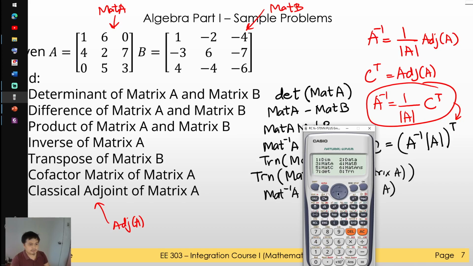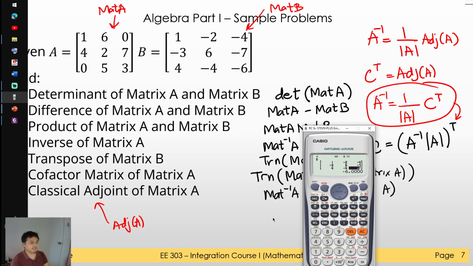And then we can just input the data for matrix B. So we have here 1, -2, -4, -3, 6, -7, and then 4, -4, and -6.